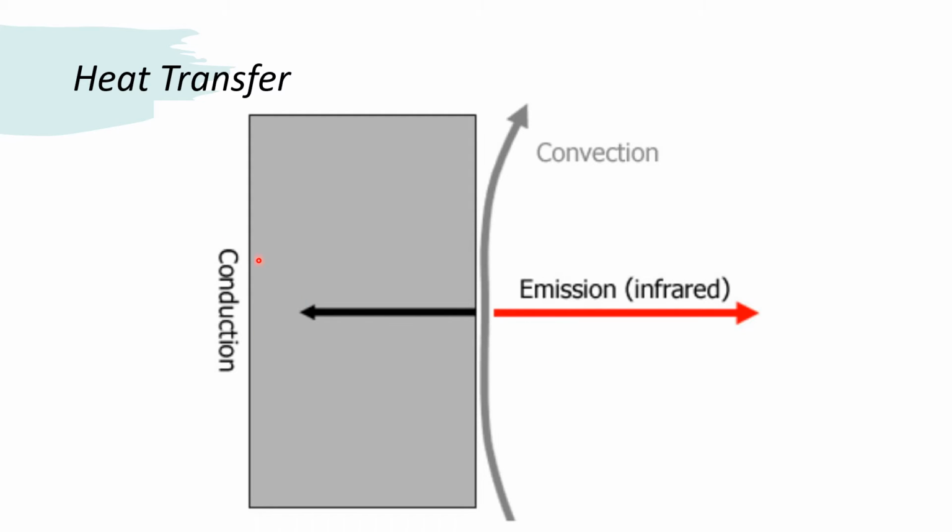Conduction means heat is transferred through the solid material. When heat moves from the solid to the gases, this is called the convection method. When it goes to the air, then it is the emission or the infrared method. So students, basically heat is transferred in these three ways.